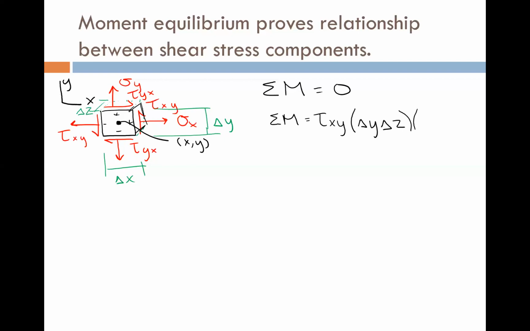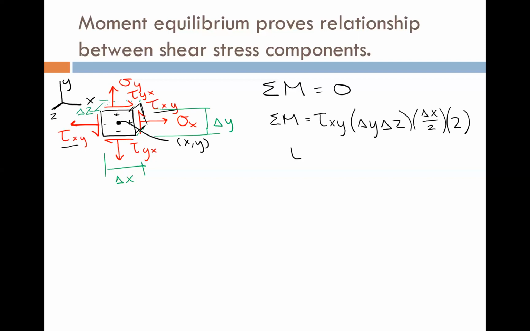Then the moment arm is going to be delta x over 2. And this happens twice because we have a tau xy on one side and a tau xy on the other side. And it's a positive moment because our z coordinate axis must be coming out this way, which means that those two are creating positive moment, assuming positive stress.